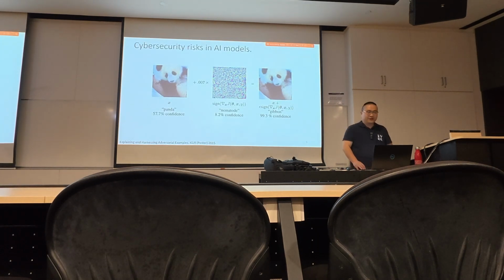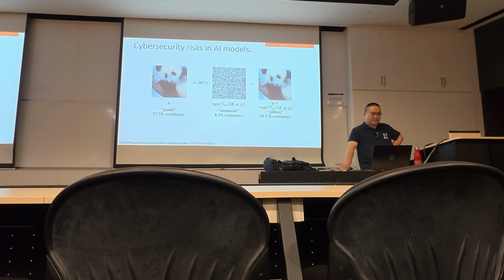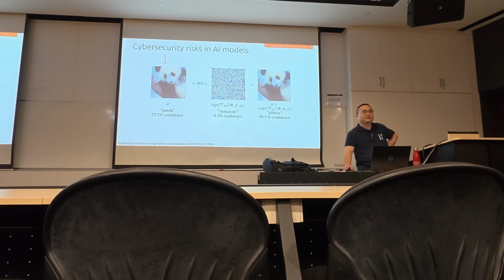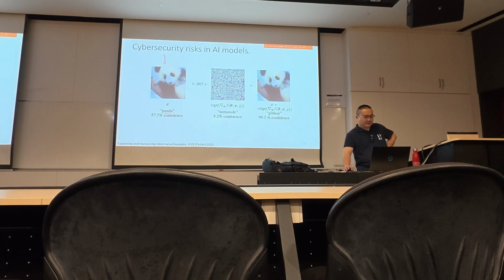There's the motivation: why we want to learn the cybersecurity risks in AI models. Given an image of a panda, if you put the image to a model, the model can say, this is a panda, with over 50% confidence.